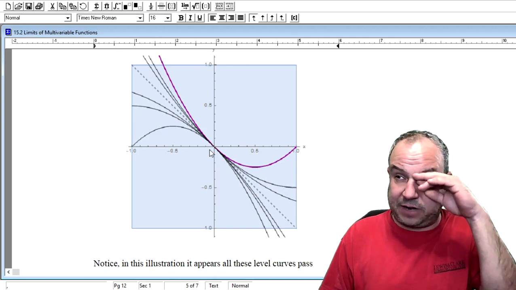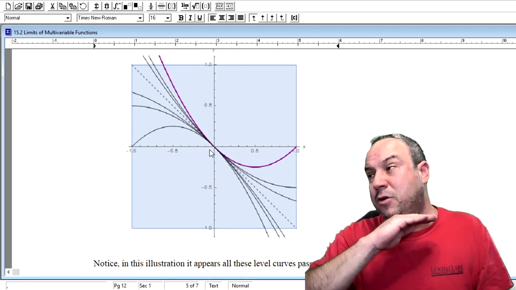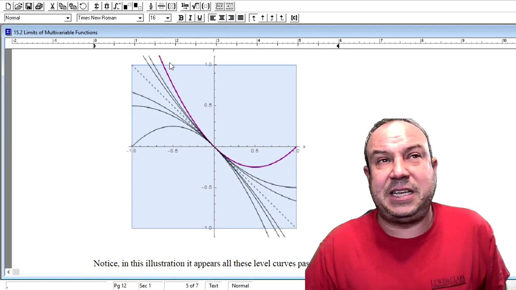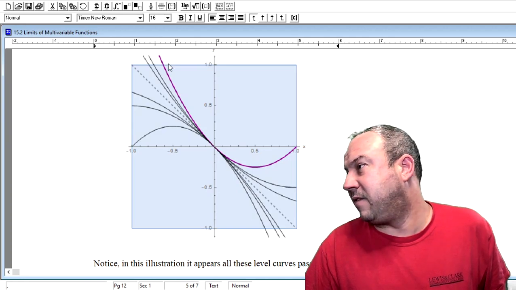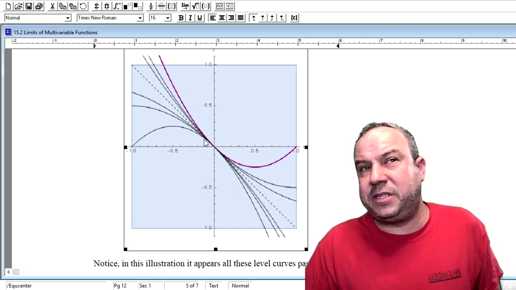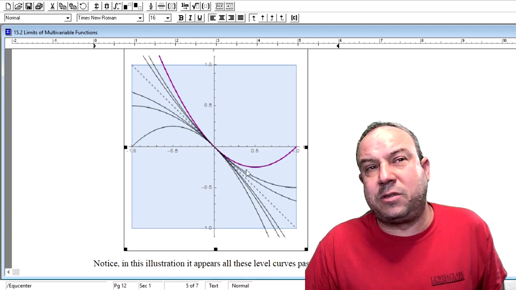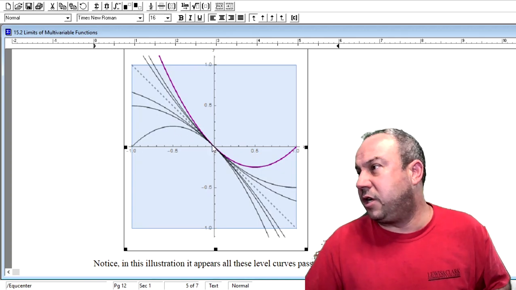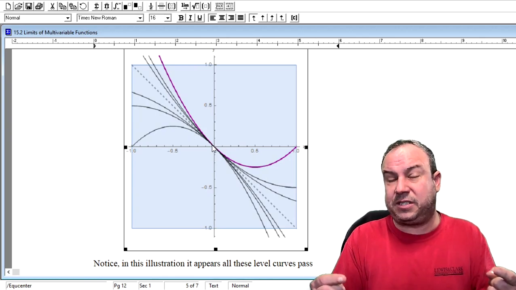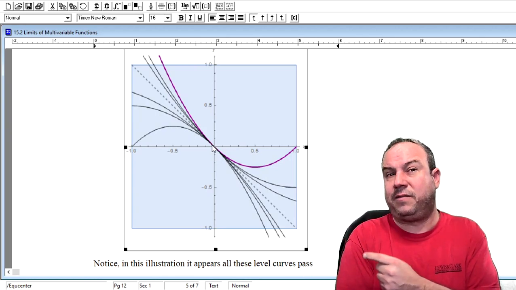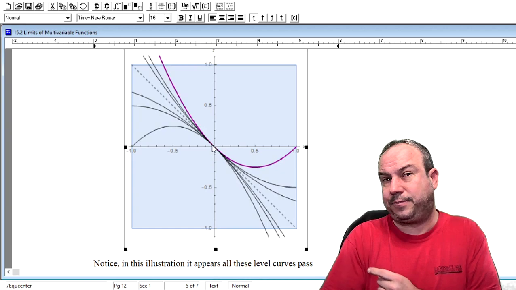They're showing you all the different x, y values that would exist that produce one specific value of z. These are the cases where z is equal to 1 in value, and the origin can be seen there. Here's the case where z equals -1. And the origin can also be seen to behave that way, or the function can be seen to approach -1 in value along that approach.